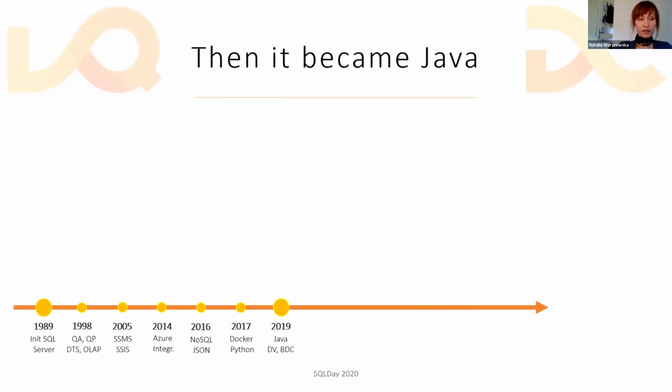But the story about Java began in 1995. One year later, from the beginning of the beta version of Java, in 1996, the first official release of Oak was released. Yes, I said Oak, because it wasn't Java from the beginning.